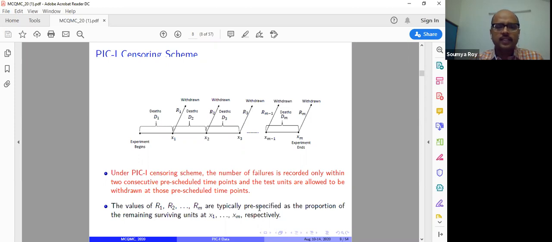In a similar fashion, we observe D2 failures within the time limit x1 to x2, and at x2, R2 units are withdrawn. Now, how do we decide these R1, R2, and Rm? Typically, they are pre-specified as a proportion of the remaining surviving units at x1, x2, and xm. Of course, we withdraw all surviving units at xm.